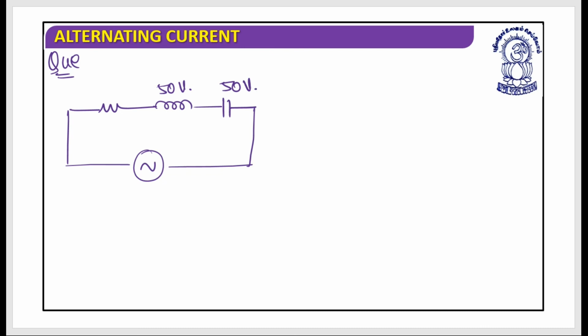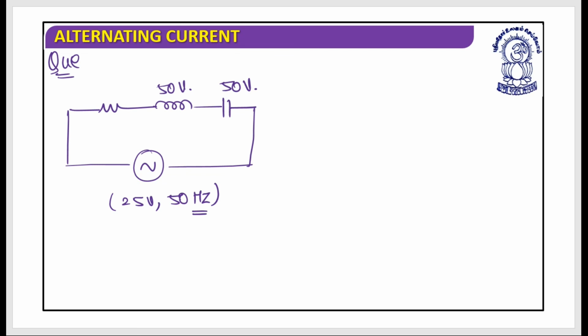The voltage across the capacitor is 50 volt. And the supply voltage is, let's call it, 25 volt and 50 hertz.